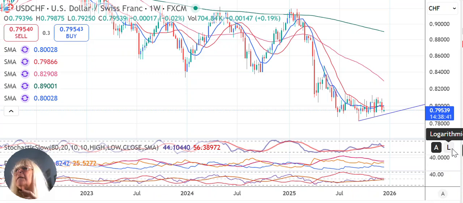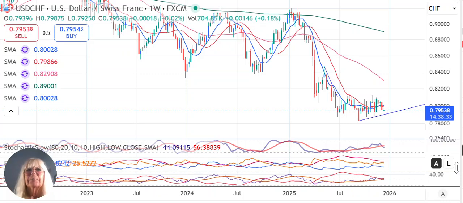Now you can see all the indicators here are looking like they're going to turn lower. So for me, short term, the dollar Swiss would be a buy. Longer term, keep your eyes on these weekly charts, because it's had such a big move down all year.